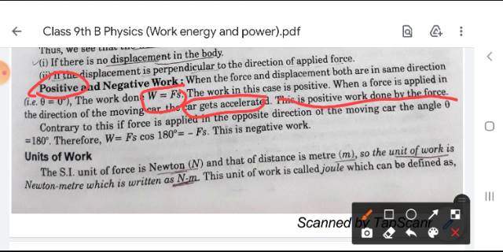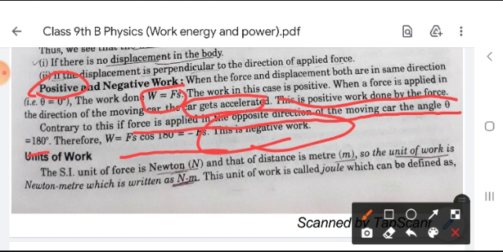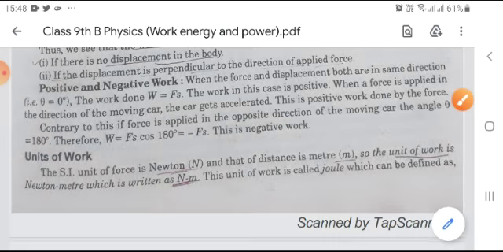Vice versa, if force is applied in the opposite direction of the moving car, then angle theta is equal to 180 degree, then work done is negative. This is negative work. Okay. So when anybody asks you about the negative work, then you can say that after applying the force, the car moves in the backward direction, and the force is applied and makes the angle 180 degree, then cos theta, that is cos 180 degree, gives a minus value, so work is negative.